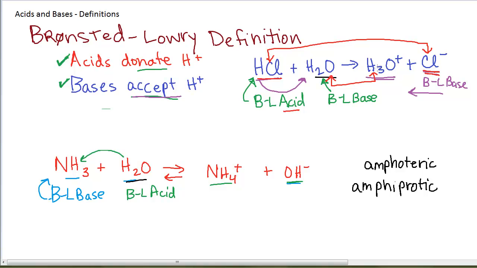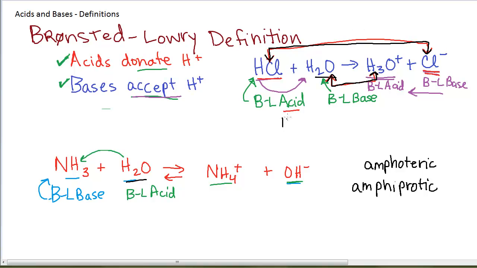The H3O+ is donating its H+ to go back to H2O. It's donating it to the Cl-, so H3O+ in the reverse direction is the Bronsted-Lowry acid. Notice that I have an acid and a base on the right-hand side, just like I have an acid and a base on the left-hand side. And in addition, the two that are related to each other, one is an acid, one is a base.